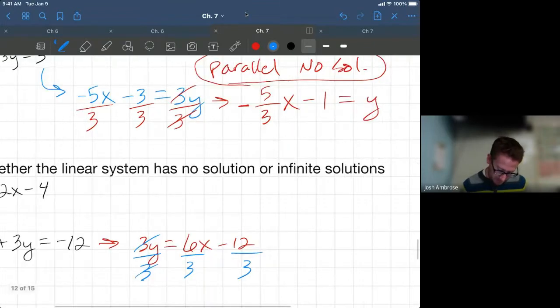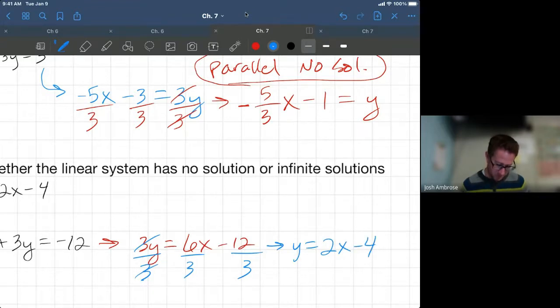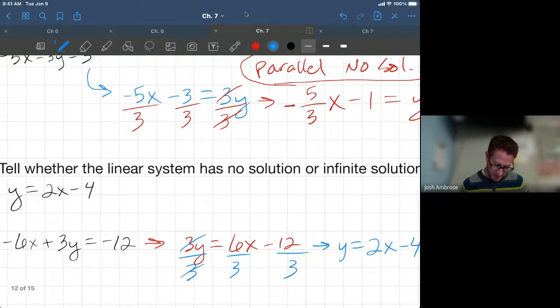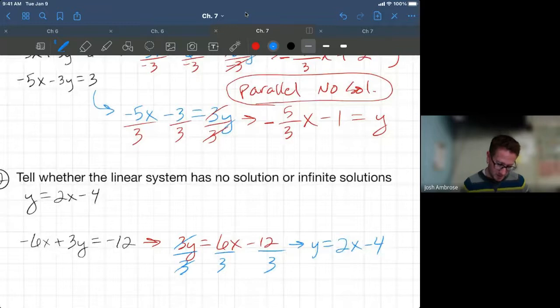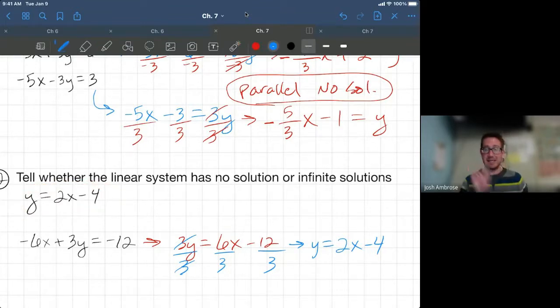All right, so let's now rewrite the equation that we have. Y equals 2x minus 4. Okay, so let's zoom out a little bit. This is what I see. I see a y equals 2x minus 4. I see another given y equals 2x minus 4. They are identical.